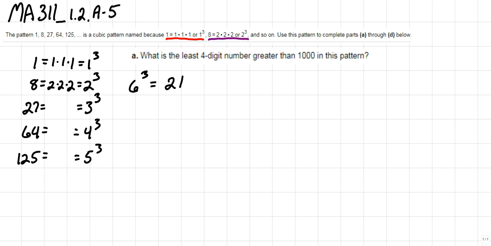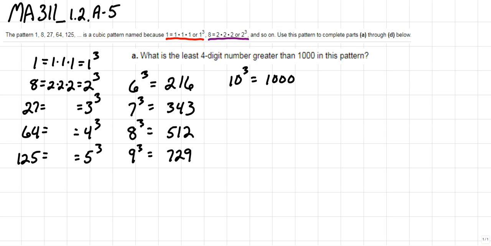That will be equal to 216. Then 7 cubed, which will be equal to 343. Then we will find 8 cubed, which will be equal to 512. Then we'll find 9 cubed, and so on.